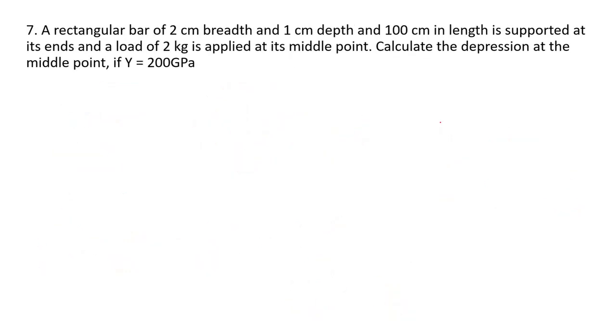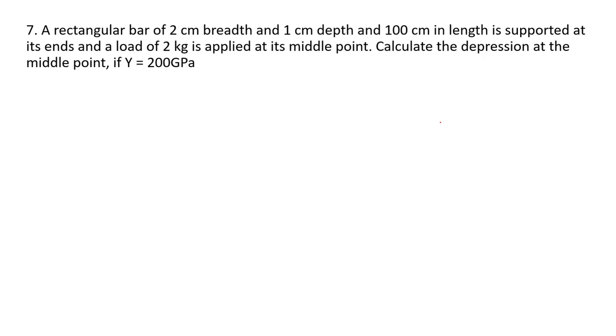Moving on to the next question. A rectangular bar of 2 cm breadth, 1 cm depth, and 100 cm of length is supported at its ends, and a load of 2 kg is applied at the middle point.